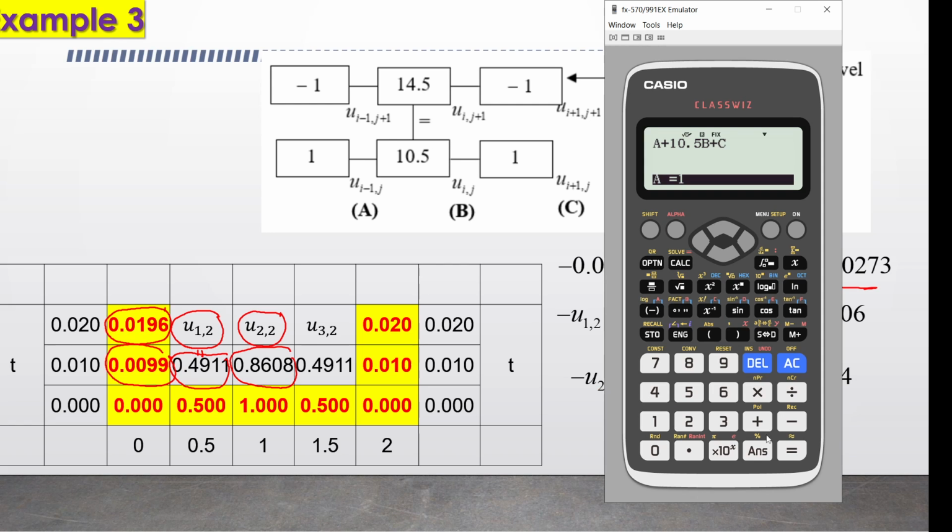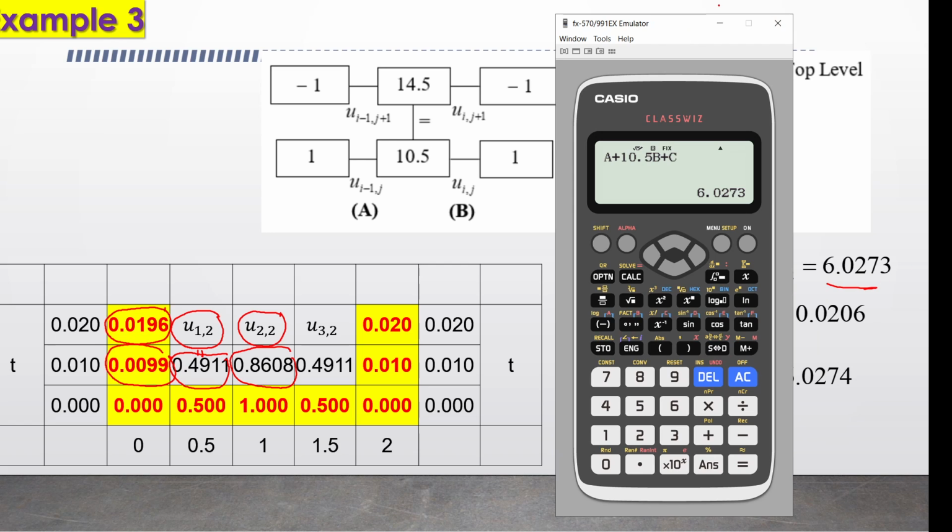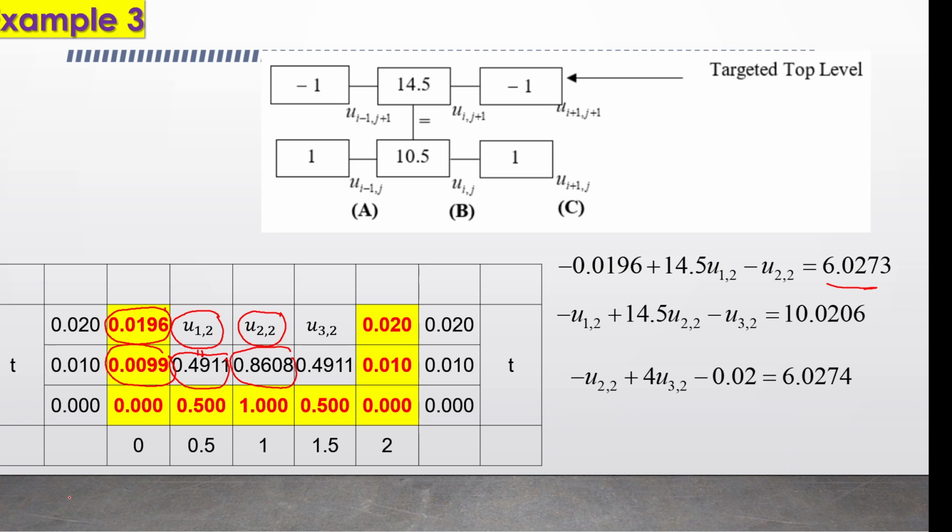A is the left bottom 0.0099, B is 0.4911, C is 0.8608. So you get here 6.0273.